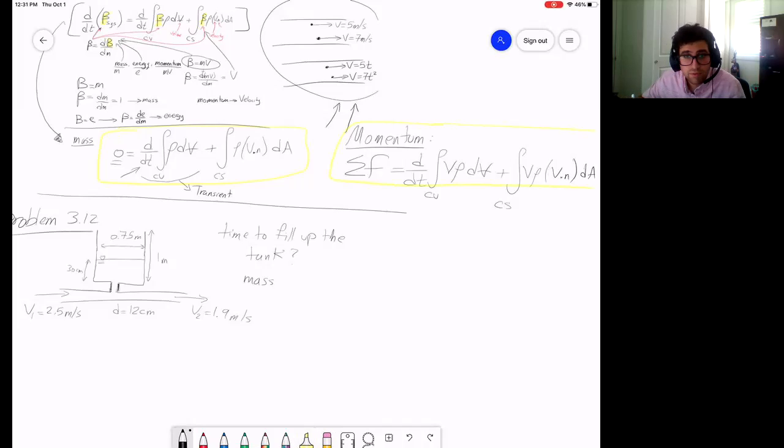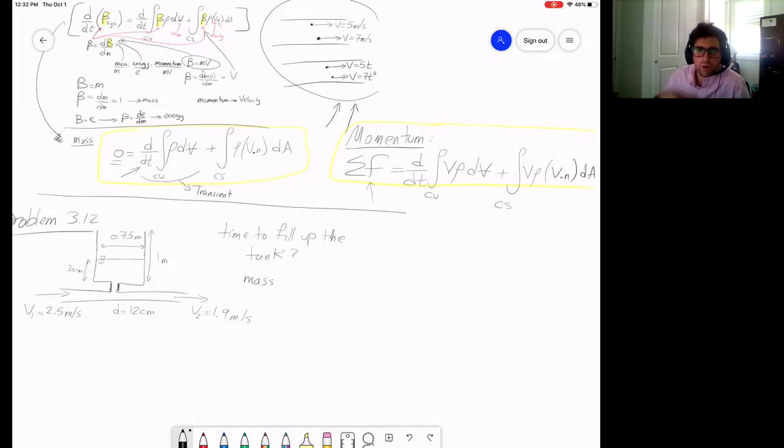Okay, so the left term of the equation is the summation of forces. So it should be easy to identify any problem that deals with forces. You're probably going to be using momentum. In this case, we're not dealing with any forces.